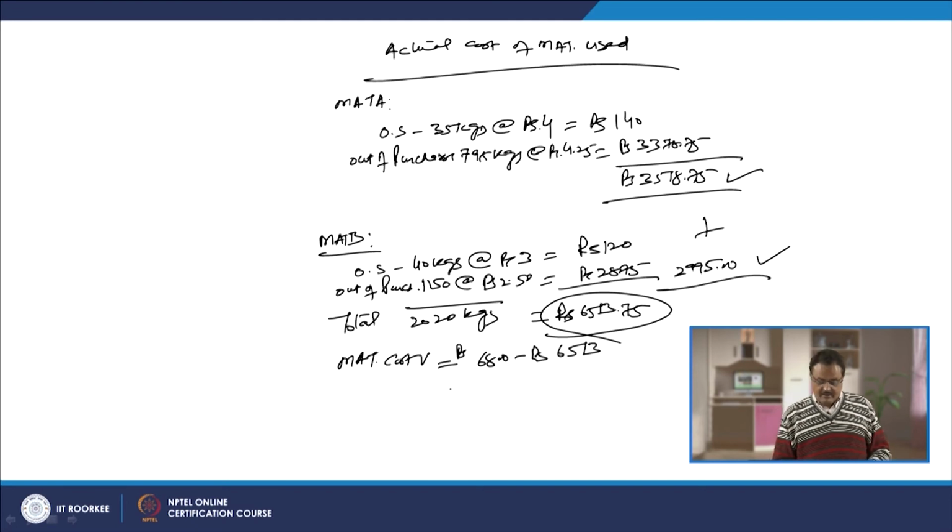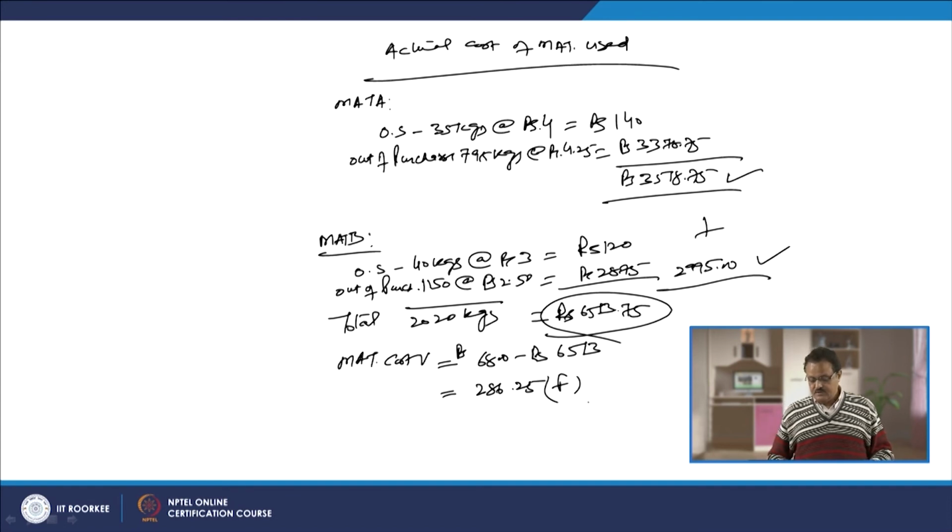If you take the standard cost of the mix minus the actual cost of the mix, standard cost is 6800, actual cost is 6513. So the variance comes out as 6800 minus 6513, which is 286.25.